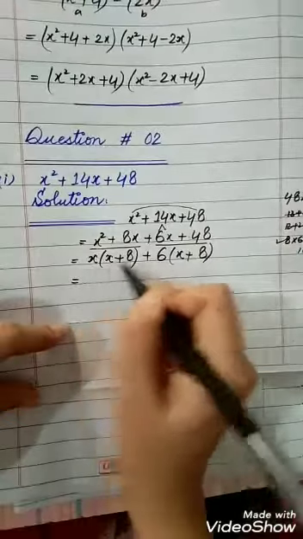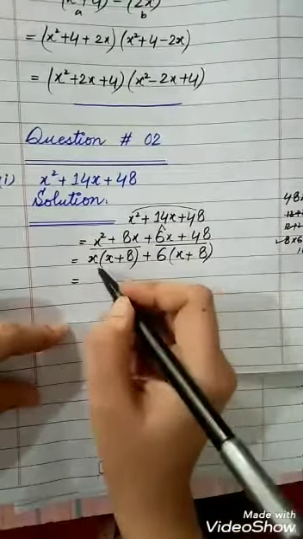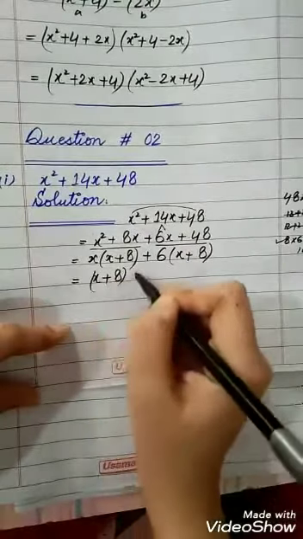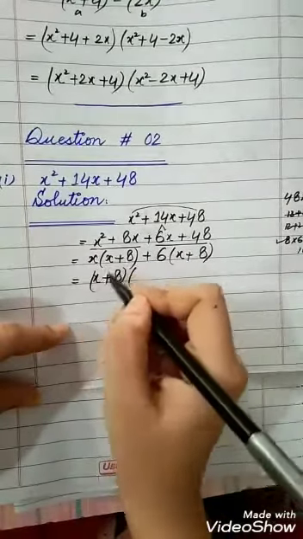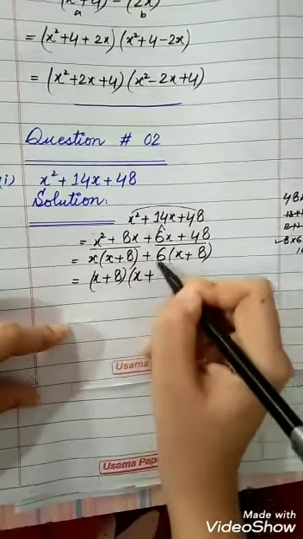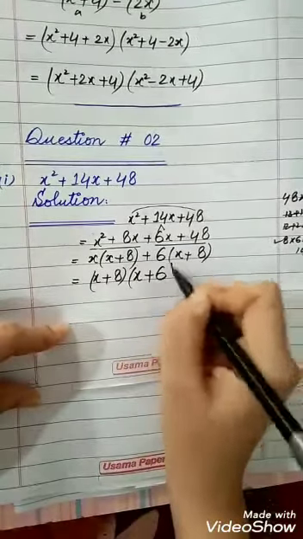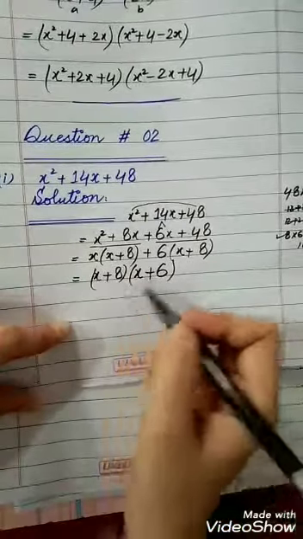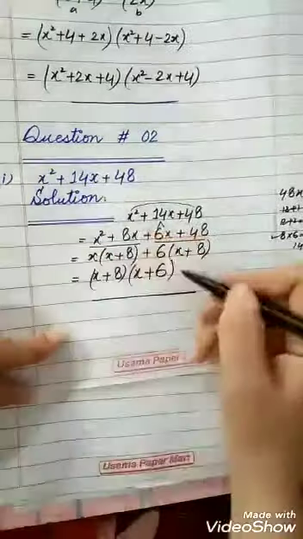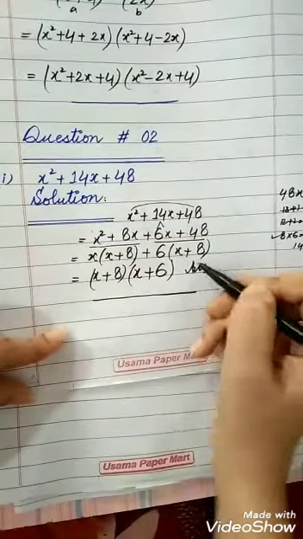So you will take common from both these terms. What is common? x plus 8 is common in both. And what is the remaining term? Because we have taken x plus 8 common, the remaining term is x plus 6. So these both are factors of this expression. This is the answer, part 1.